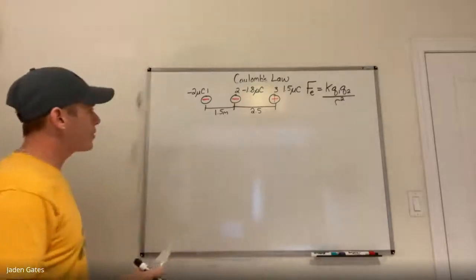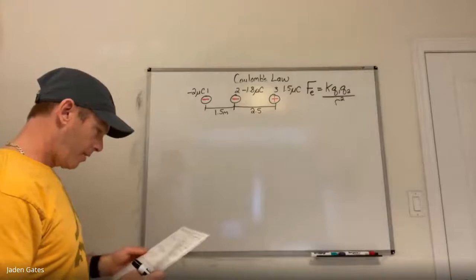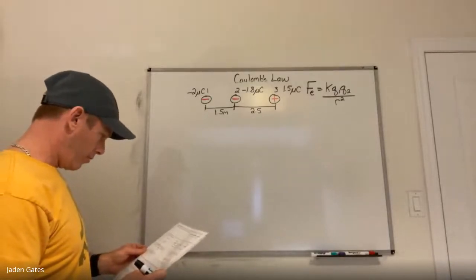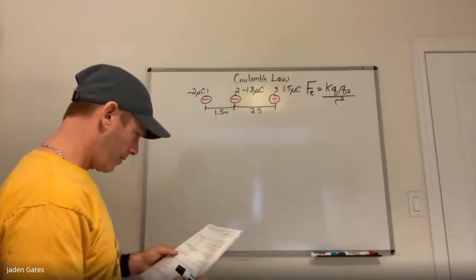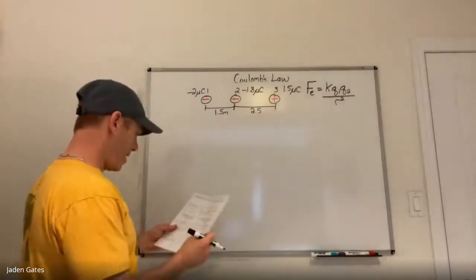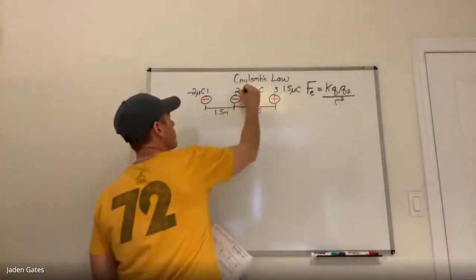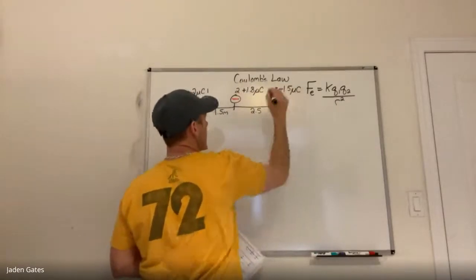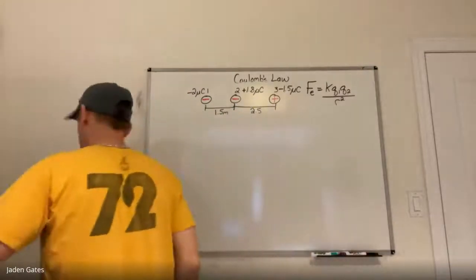Now, opposites attract, right? So when we look at negative Q1, Q2, hold on here one second. No, the diagram's wrong here. I want to make Q2 positive and 3 negative. I want to change it up, so I'm going to have to change my symbols here.